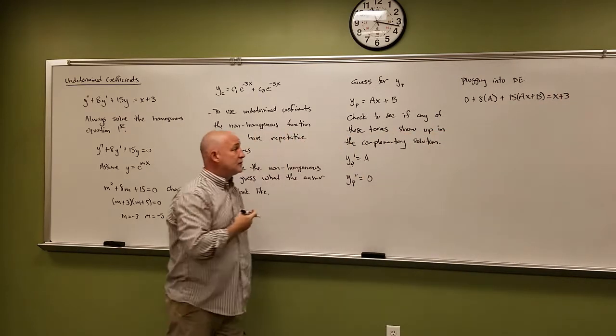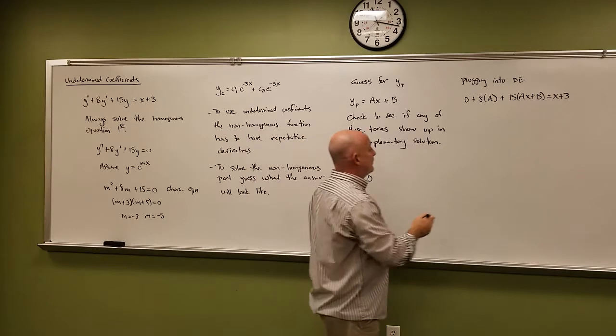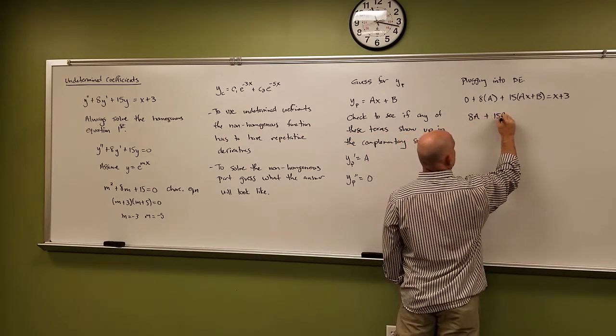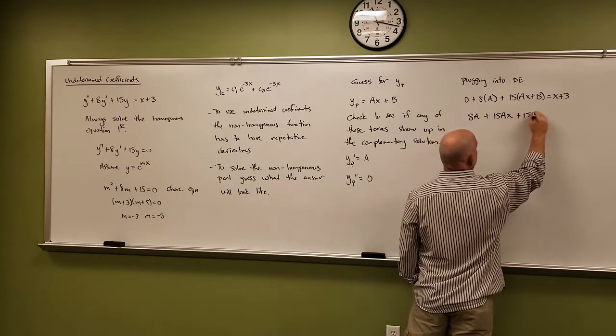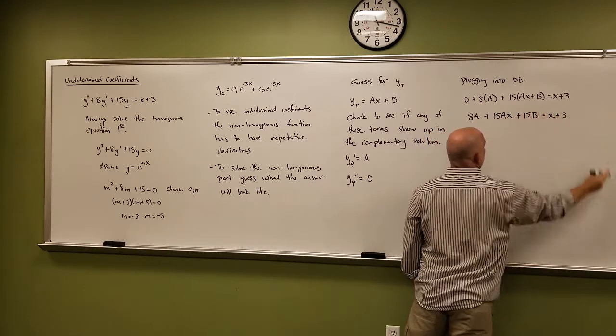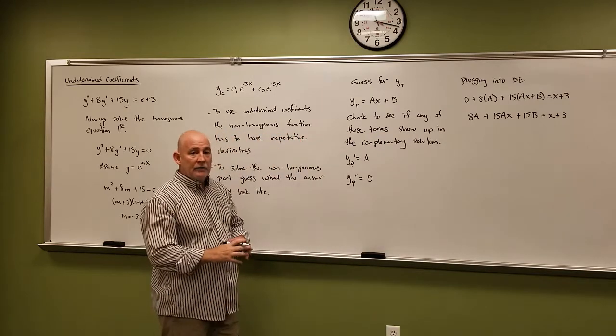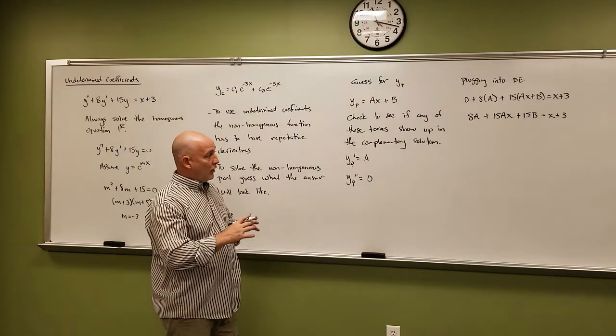All right, from this stage, let's go ahead and clean this up just a little bit. I get 8a plus 15ax plus 15b is equal to x plus 3. Now you want to combine things based off of what they are.